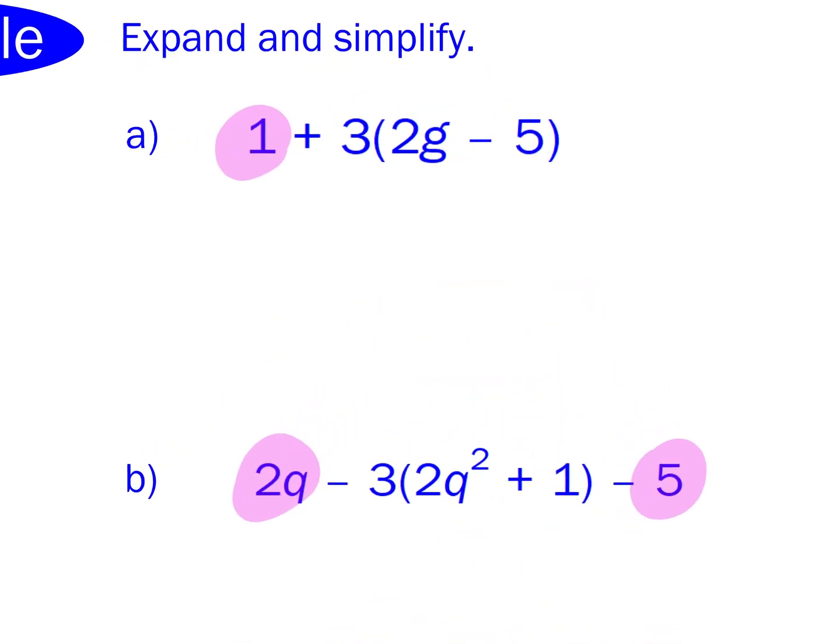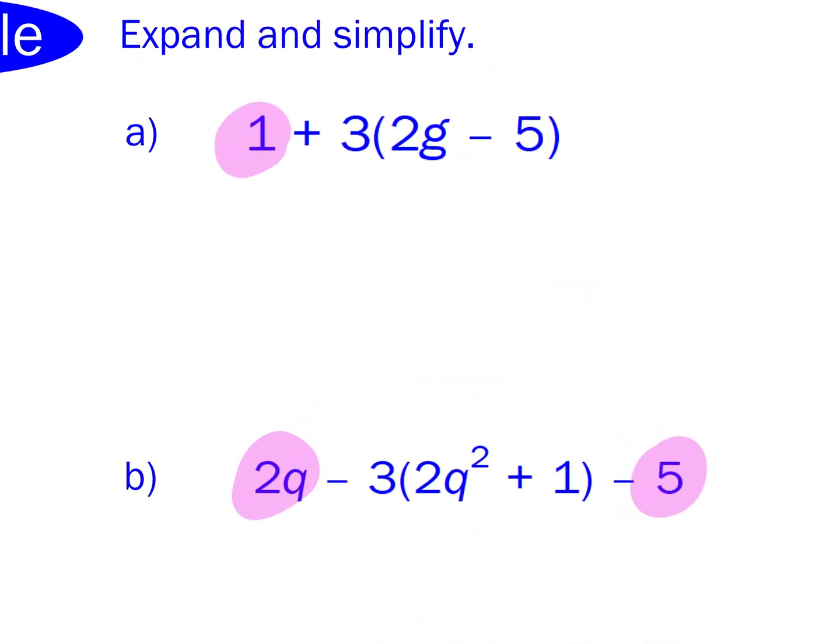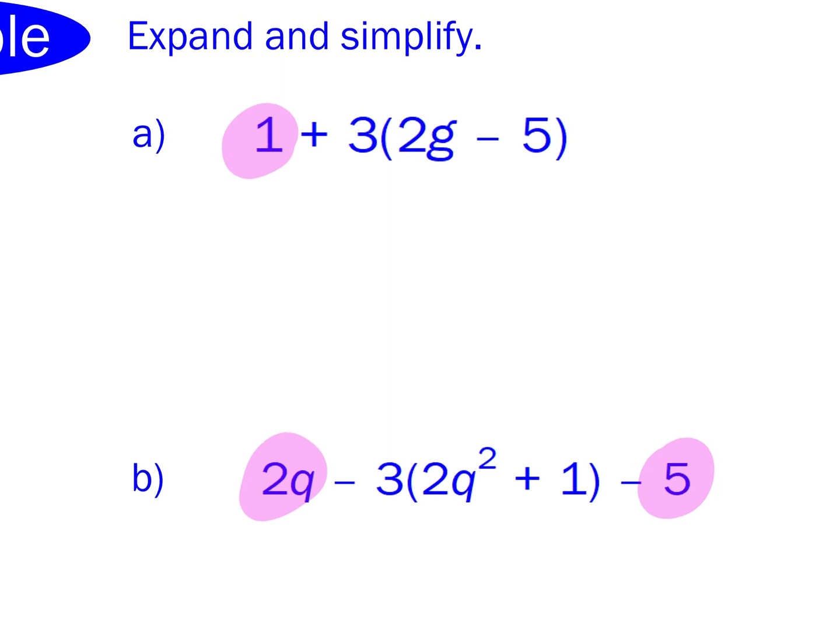So when we work through this, we're going to be taking this 3 and we're going to multiply it by each of the terms inside the bracket. But the 3 doesn't get multiplied by anything because it's lonely and it's all by itself. So the 1 is here, and then we have 3 times 2g minus 3 times 5.